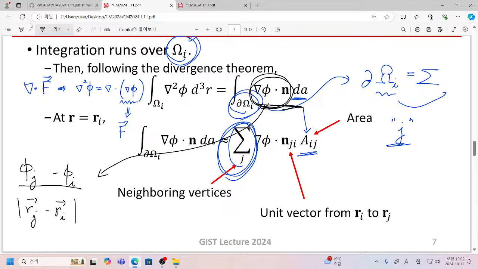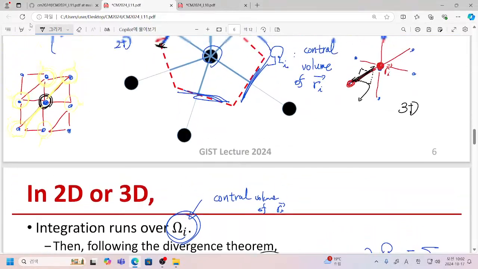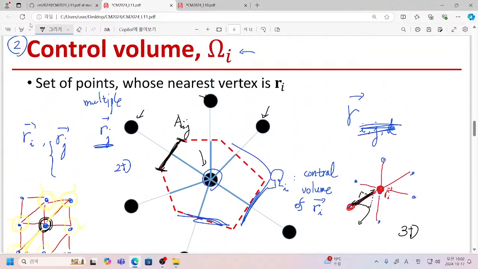When you evaluate this one, that does not necessarily equal the normal component of gradient phi everywhere on this segment. As I drew just before, it can have many different values over this segment.